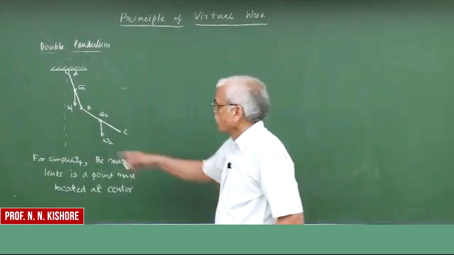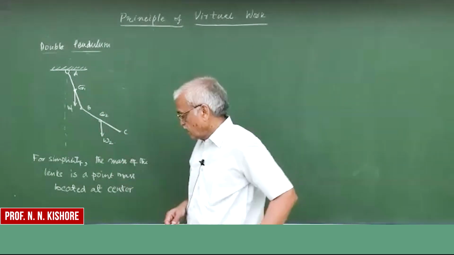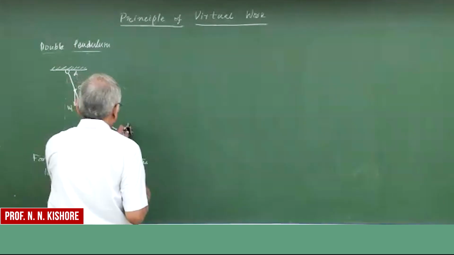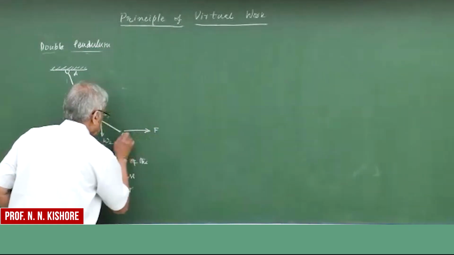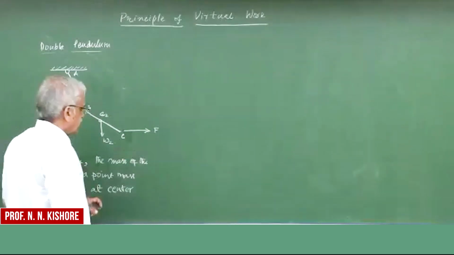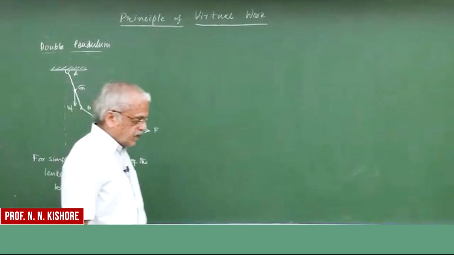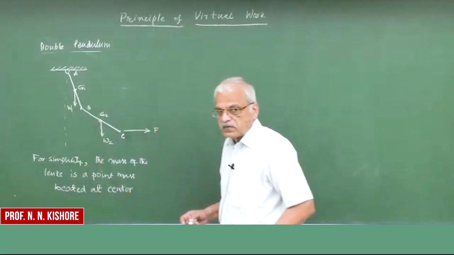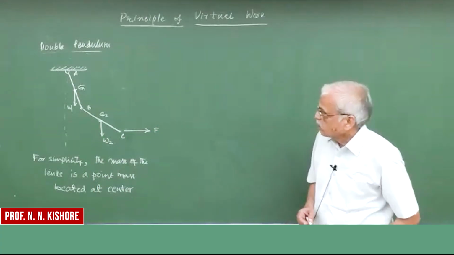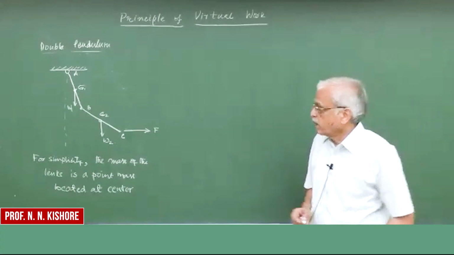And so there's a W1 and W2. And now this is acted upon by a force here, F. So under the action of this W1 and W2 and F, we would like to find out its equilibrium.